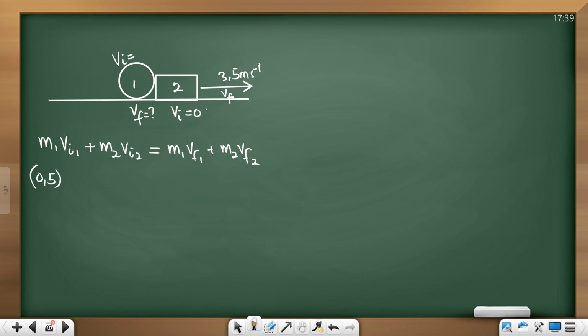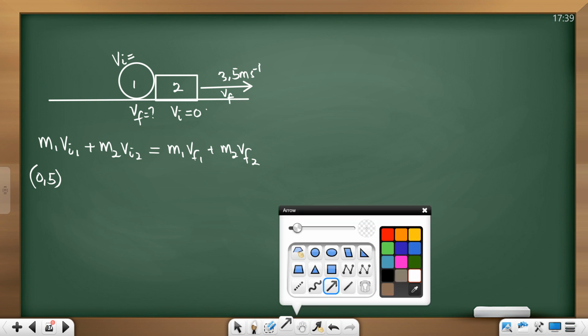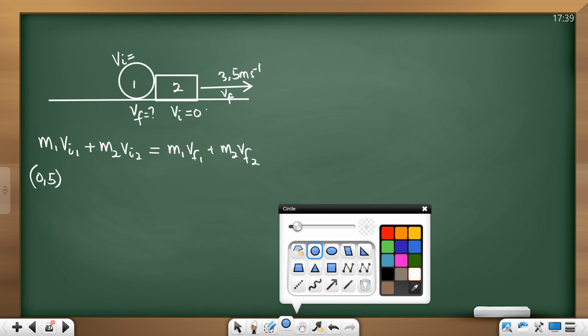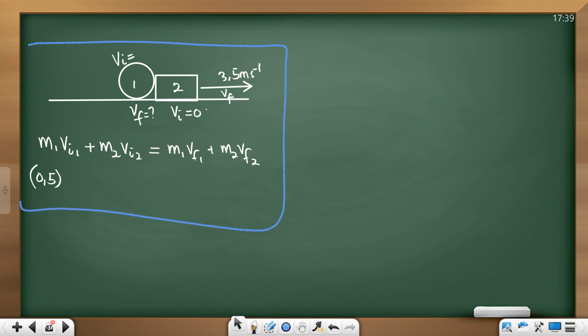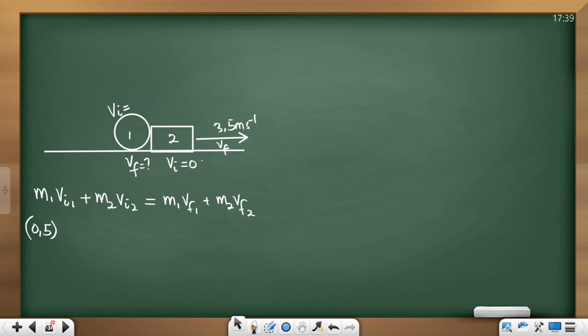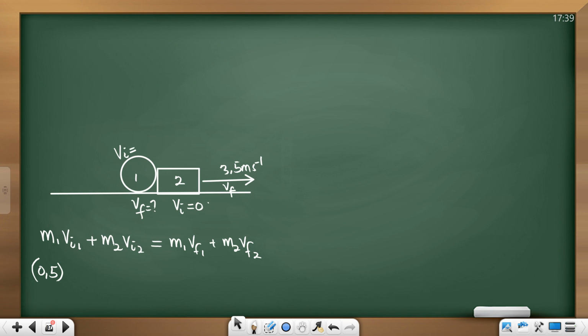What is the initial velocity of object 1? Object 1 has moved positions. Don't write yet. It was here. Then it came here. All right? Here, the velocity 0. Velocity is 3.